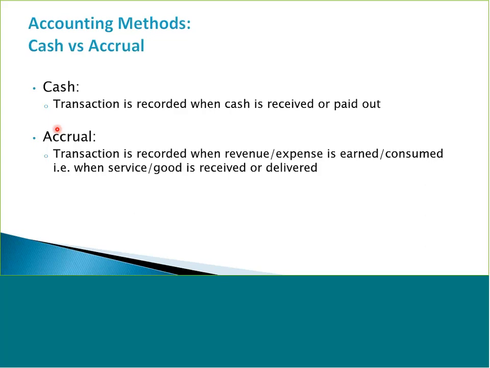So if your company sells a product today, that transaction will only be captured if the other entity who you sold the product to gives you the cash on that day, on the same day.